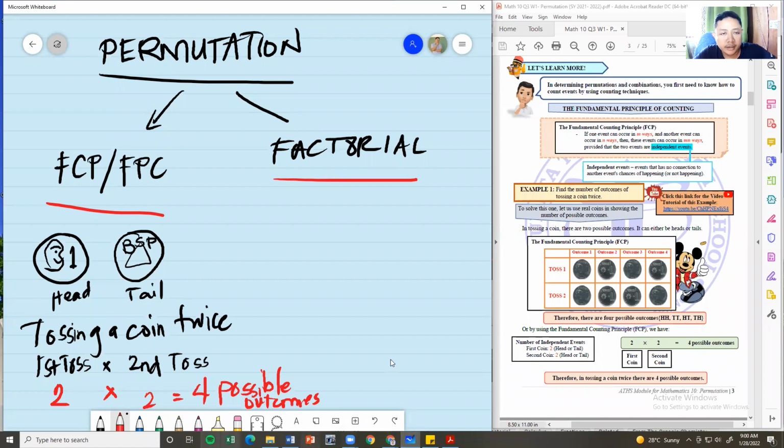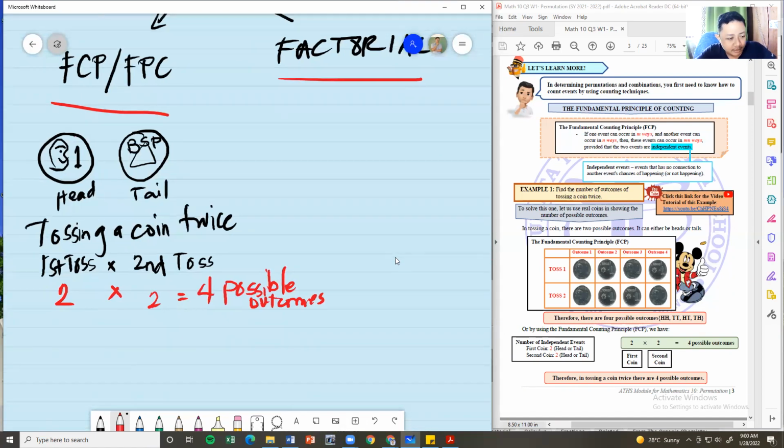If we try to list them, this will be the first toss and this will be the second toss. In the first toss, it's possible that head comes out, then in the second toss, head again. It's possible.